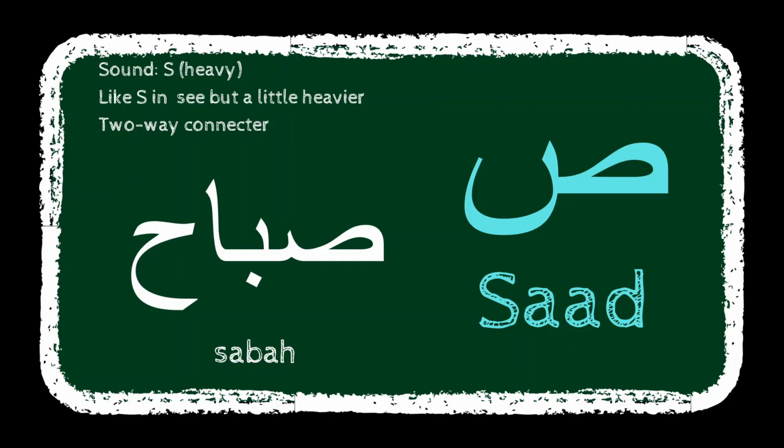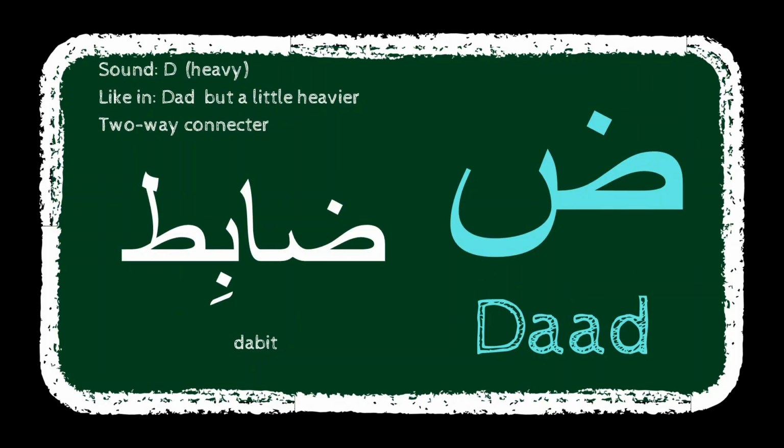Sabah, which means morning. The next letter is dad, which is a heavy D, okay? The pronunciation is very similar to the D in the word dad, for example, but it's a little bit heavier. This letter, though, is unique to Arabic. It's called the heavy D or Arabic dad, okay?